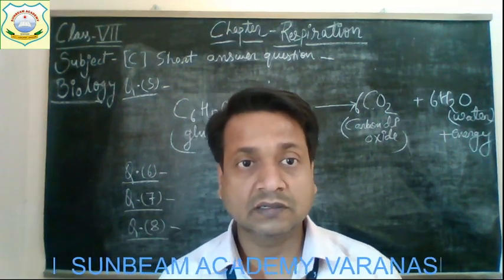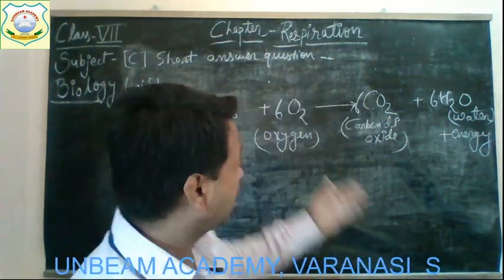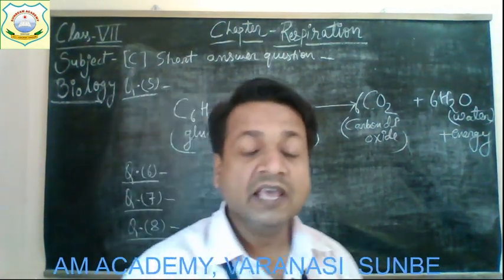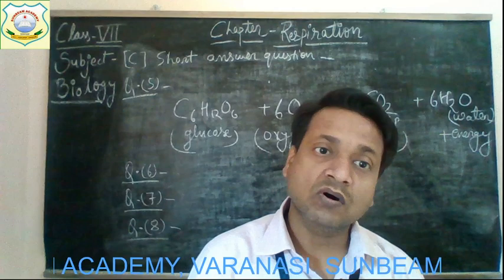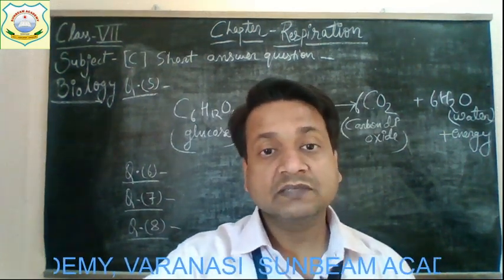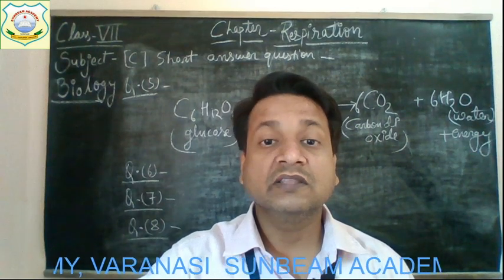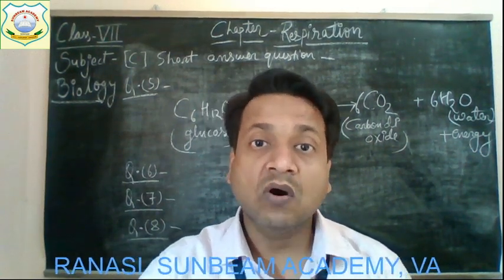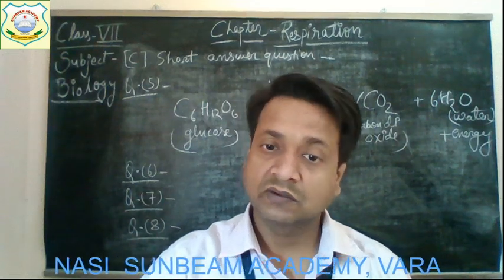Get it? So these all are the short answer questions, and I hope that you understood the answers of all these questions. Alright children, now after this I'm going to discuss the next exercise of the book, that is long answer questions. Okay children.